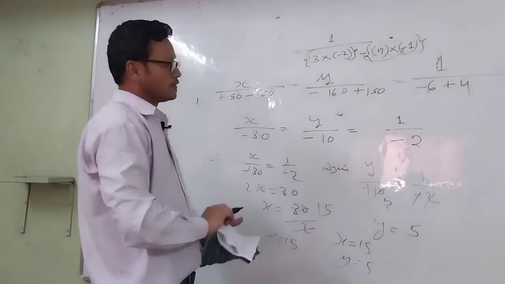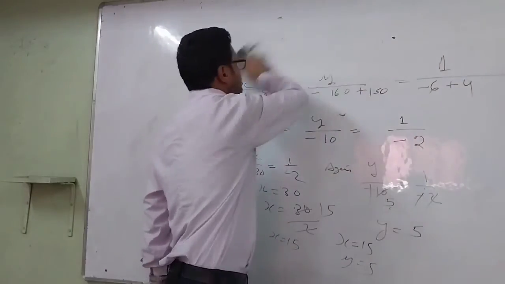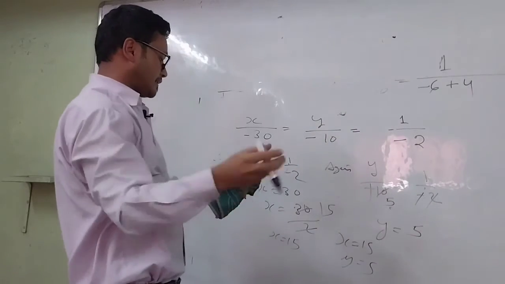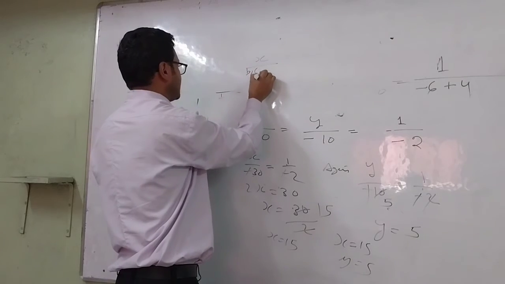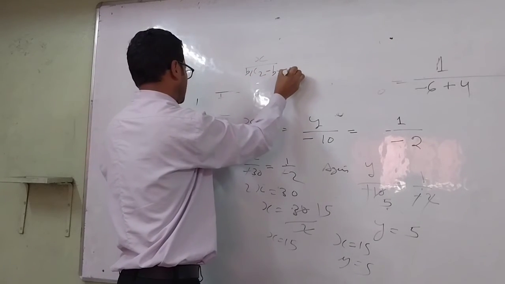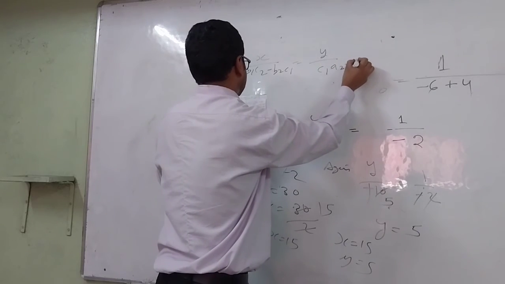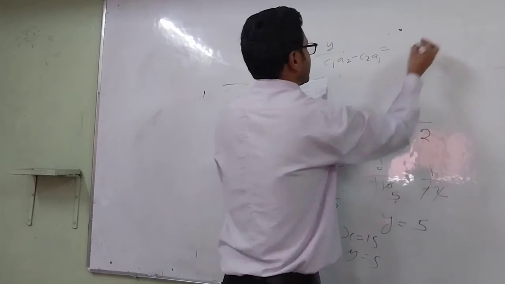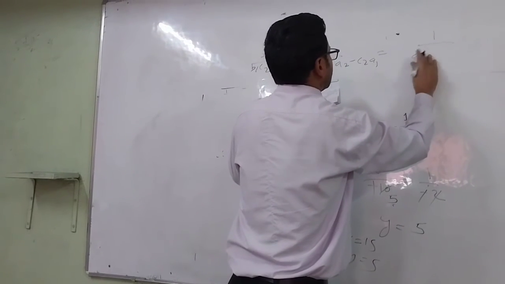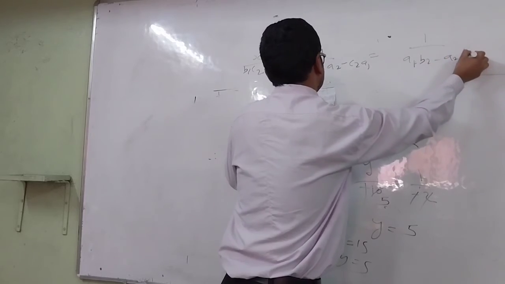Okay, now I hope that you all watch my videos with a great patience. Actually I just want to give you the formula also: x by b1 c2 minus b2 c1, y by c1 a2 minus c2 a1, equals to, then lastly 1 by a1 b2 minus a2 b1.